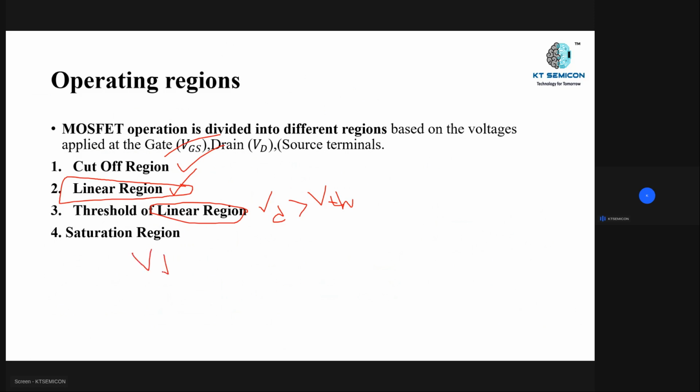After that, when we increase the voltage more than my threshold, my ID current becomes saturated. Why? Because there is no channel in between source and drain. Then my ID becomes independent of VD. Even though we are increasing or decreasing, my ID current is constant. These are the four operating conditions in depletion type MOSFET.